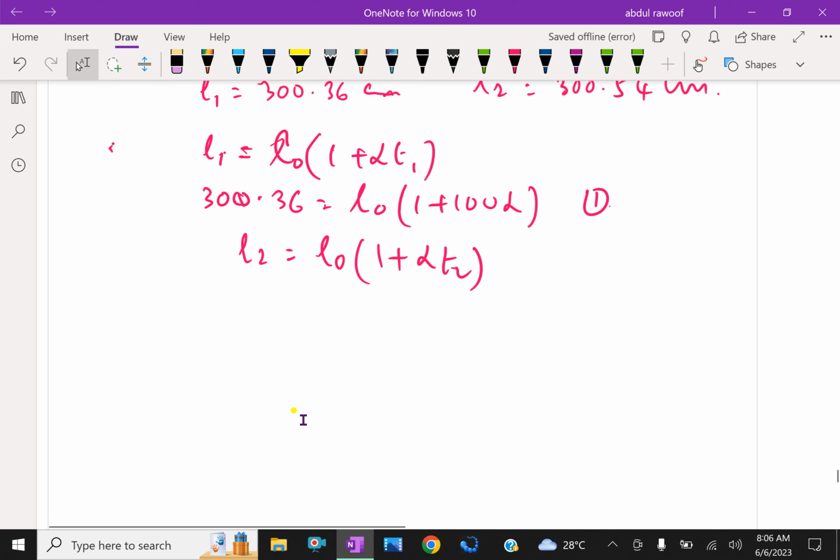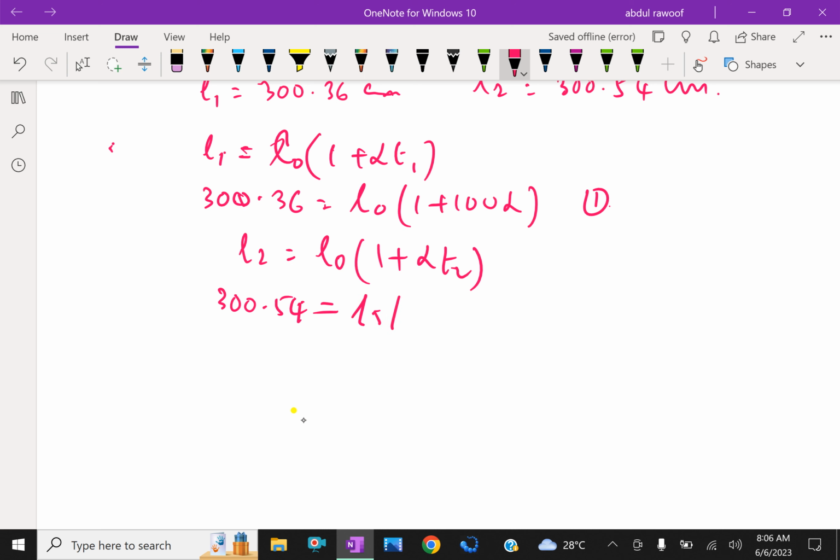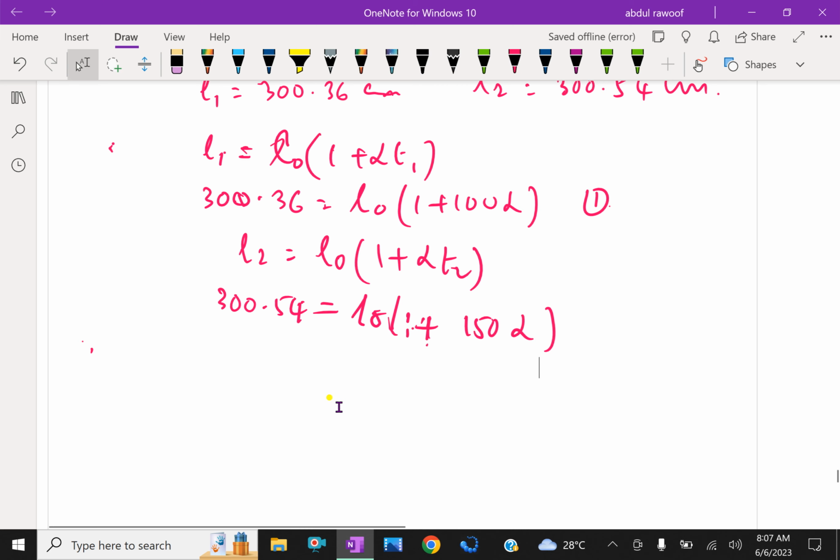Now L2 is given as 300.54 centimeter, which equals the same L0 into 1 plus 150 alpha.